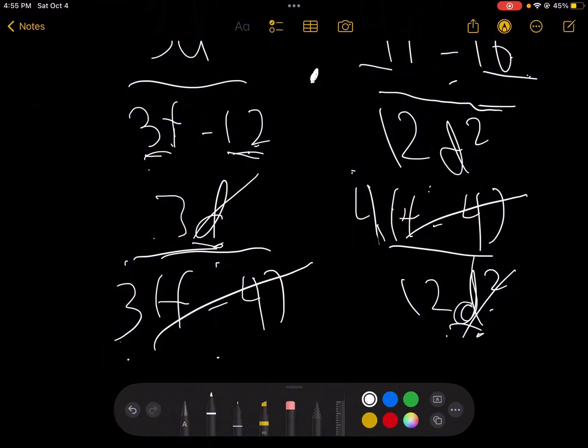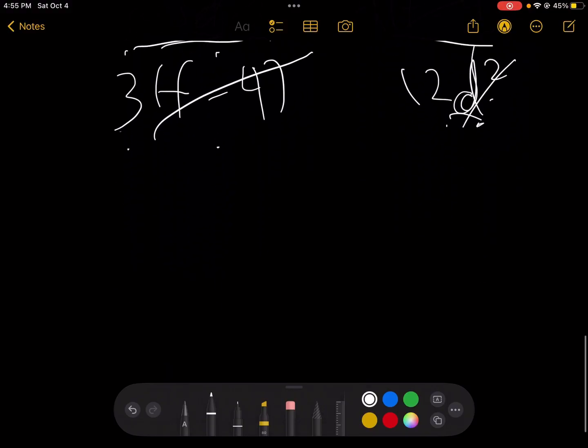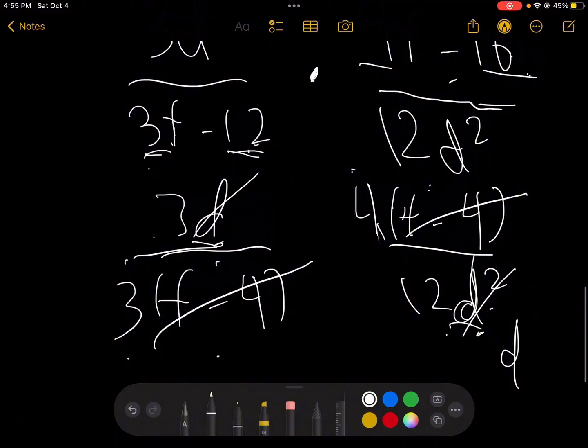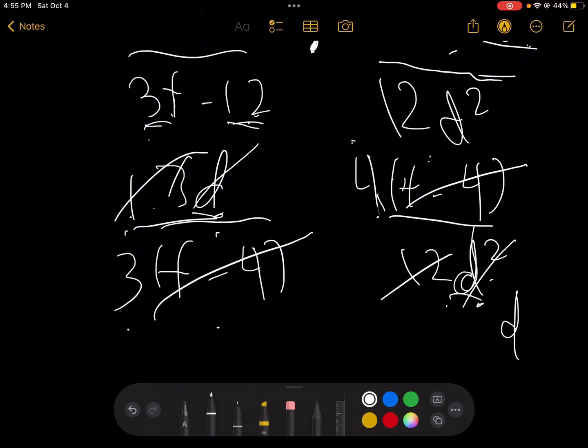Then what would be left is just d here. Then you cancel 3 and 12. Their GCF would be 3, so you divide 3 by 3, which is just 1, which doesn't need to be written down because if you multiply 1 by 4, it would just be 4. And then what's left here is 12 divided by 3, which would be 4d.